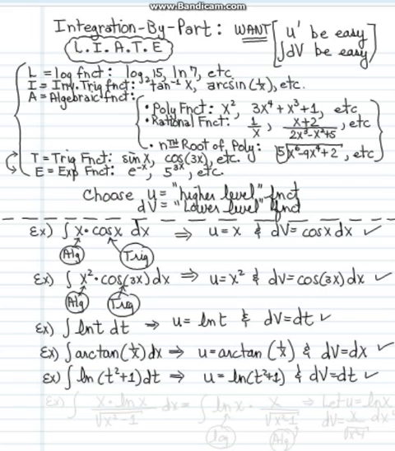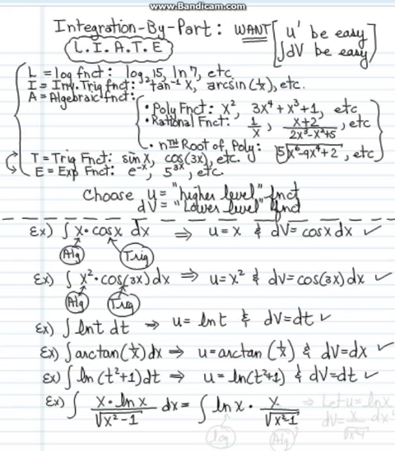And finally, we have this very strange example where we had the integral of x times the natural log of x over the square root of x squared minus 1 dx. We broke it up in such a way that the natural log of x was separated, which is obviously the easier one to take the derivative of, and then what was left over was x over the square root of x squared minus 1.